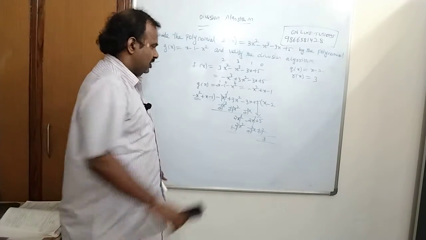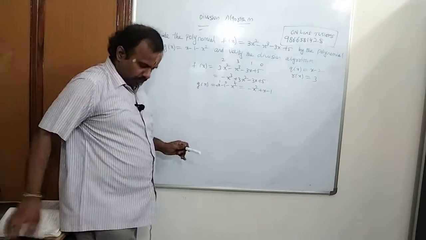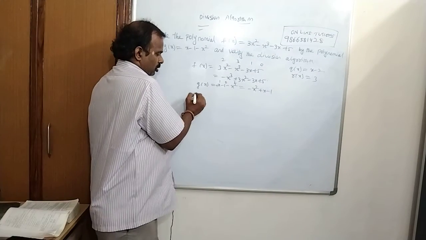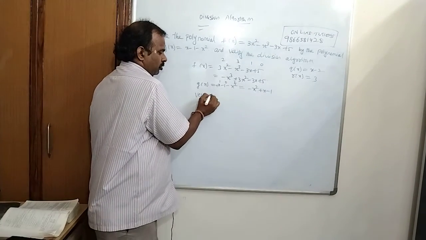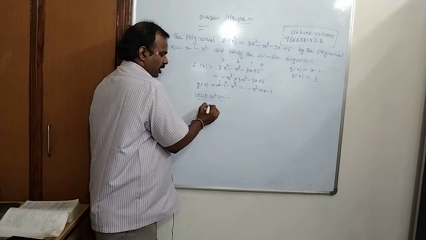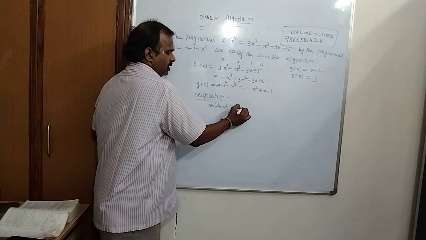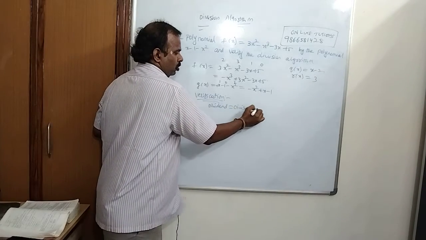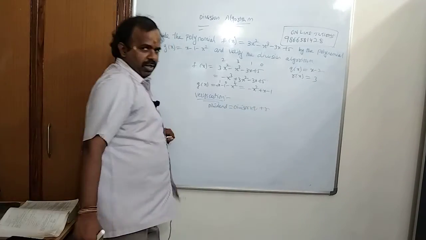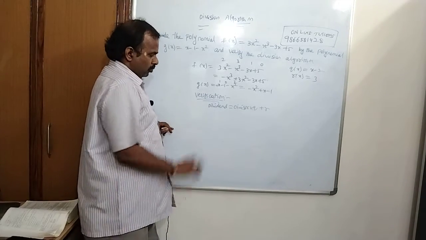So for that, what is the verification? Dividend is equal to divisor into quotient plus remainder. This is what we have learned in the very first point.